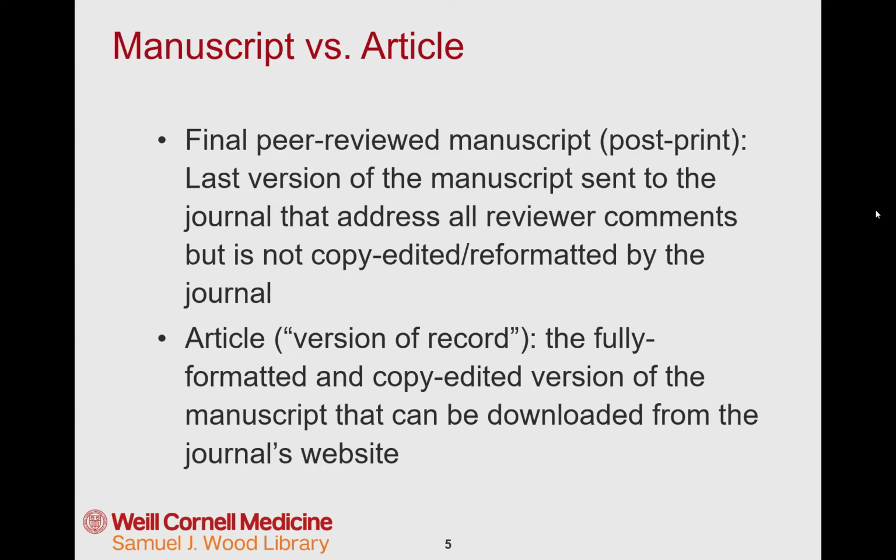So if you have an arrangement with the publisher, you can sometimes put the article into PubMed Central, or the journal itself will do that for you. We'll talk a little bit about the mechanics of that, but not all journals do that. It usually comes with a price tag, and you will always at minimum need to have that final peer-reviewed manuscript to put into PubMed Central.